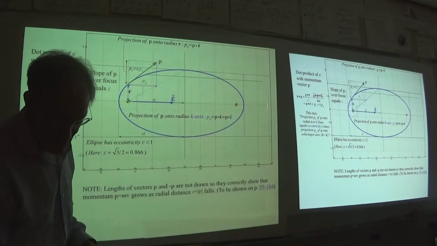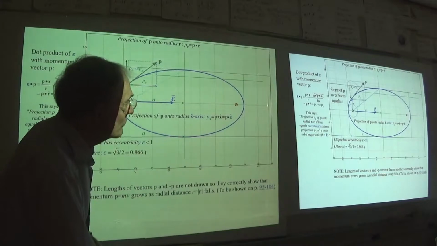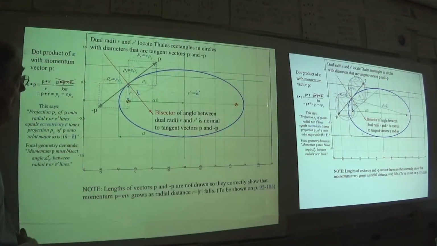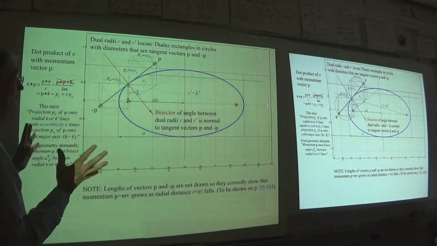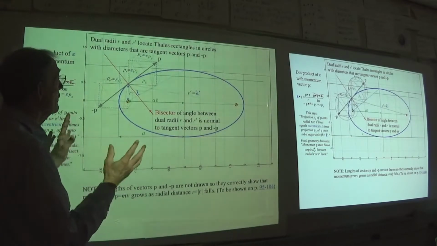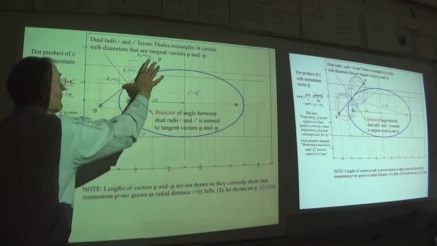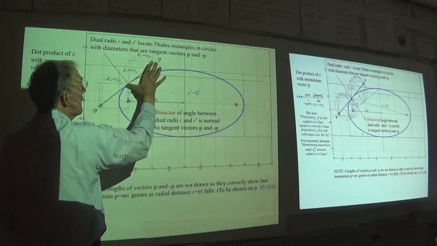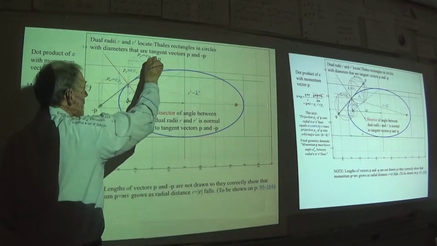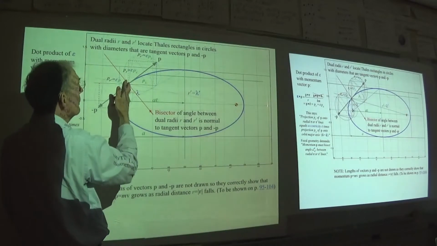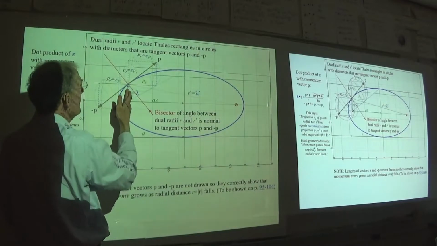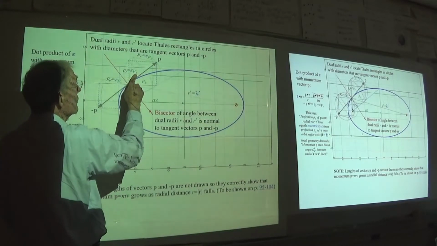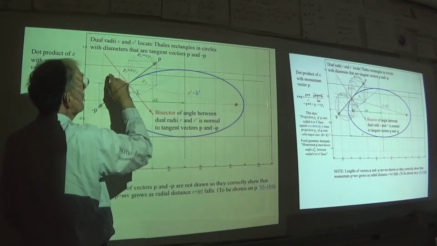This is what you always try to do in this business, and here is a neat way to do it, with Thales circles, that is rectangles in a circle, each one of them a circle of diameter p and having a right angle, no matter where you draw the point, but we're drawing the points according to where the radius is pointing, and the component of that is going to be epsilon px.